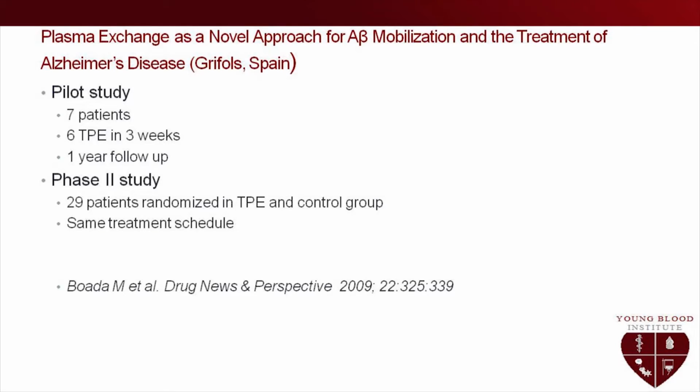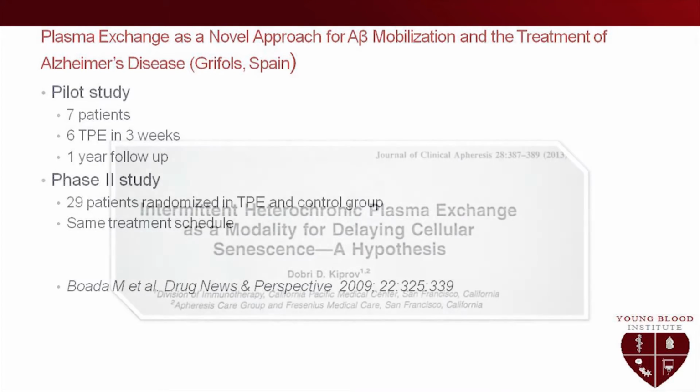There are very few other things in medicine that compare to that, maybe penicillin. One controlled and one uncontrolled study from Europe has shown that plasma exchange can stop the progression of Alzheimer's disease, a disease that is unique for older people.